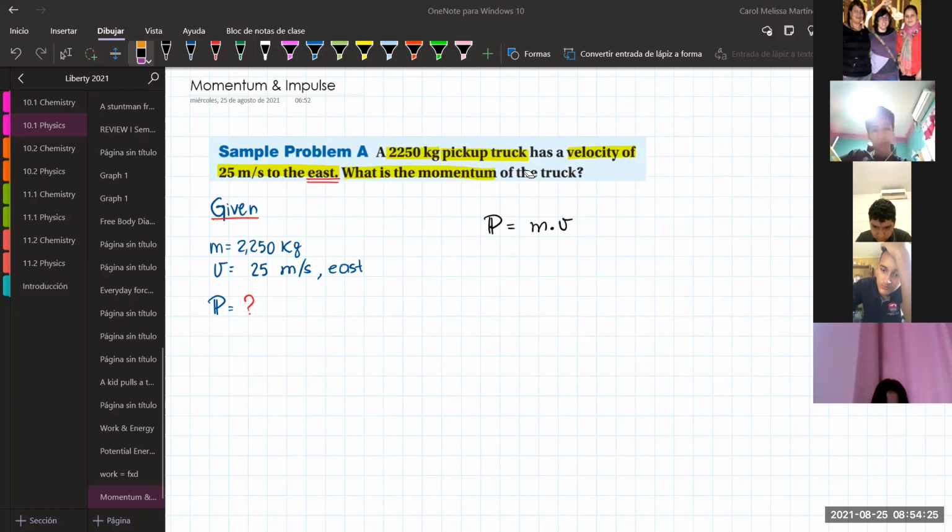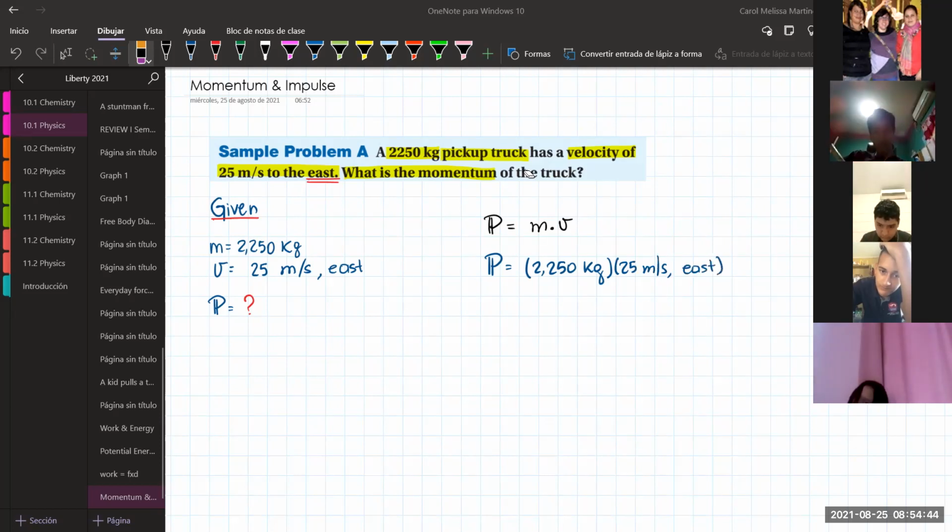Momentum is equal to the mass, which is 2,250 kilograms, multiplying the velocity, which is 25 meters per second. Remember that it's going to the east. You really don't need to write that it's going to the east, but I write it just because I don't want to forget to include the direction.